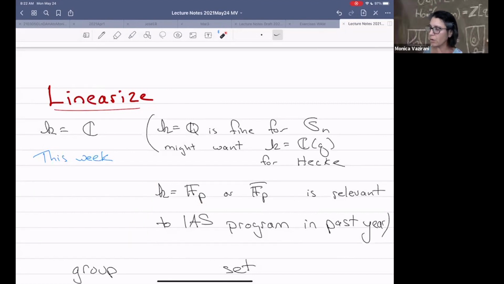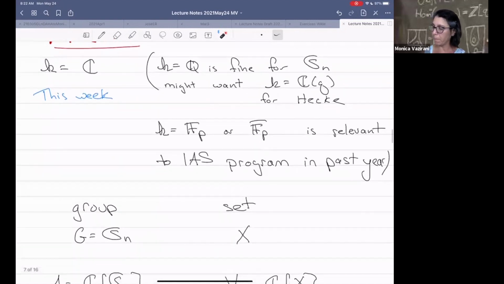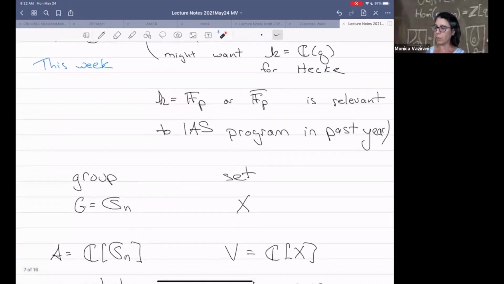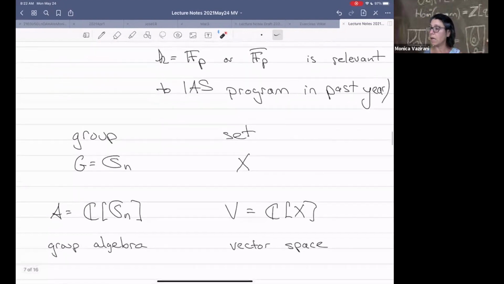Okay, so how am I introducing this field, the complex numbers, into the fray? Well, so far we have the symmetric group acting on the set X, which I took to be, say, 1, 2, 3, 4, 5, but it could be acting on any set. And so to linearize, I pass from the group to the group algebra, and I pass from a set to a vector space.